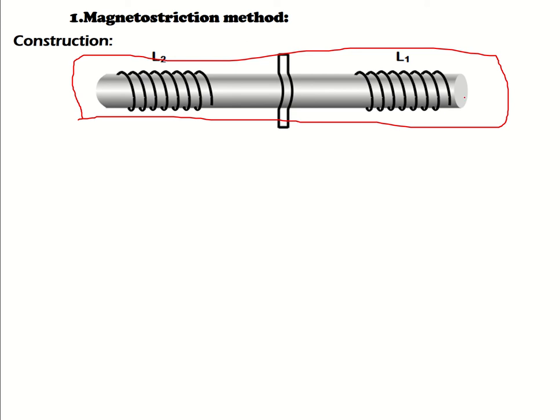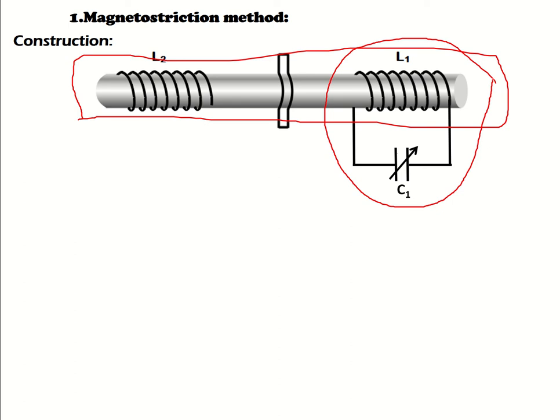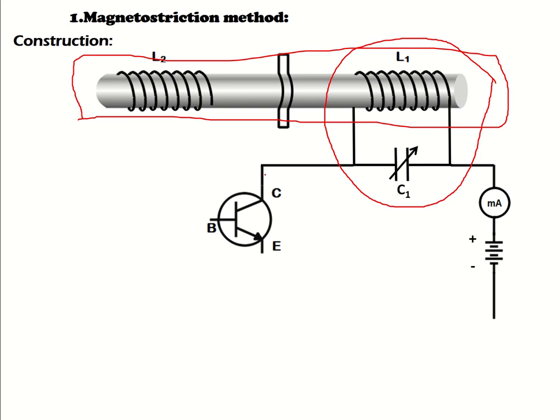On one end of the L1 coil, a capacitor, which is actually a variable capacitor, is connected in parallel to the L1 coil. So this particular section will work as a tank circuit, an LC oscillator, as we know. On one end of this tank circuit, the positive terminal of the battery is connected via a milliammeter, and the other end of this tank circuit is connected to the collector junction of an NPN transistor.